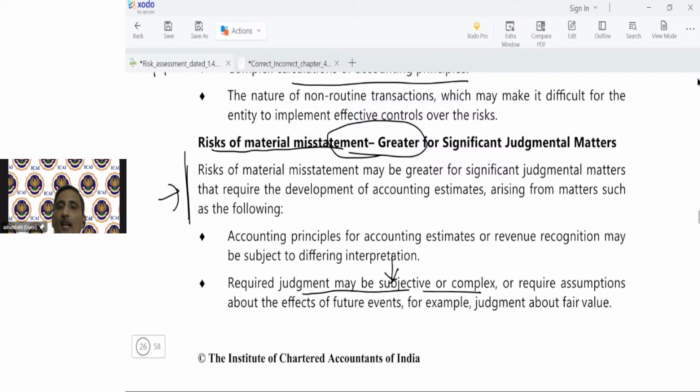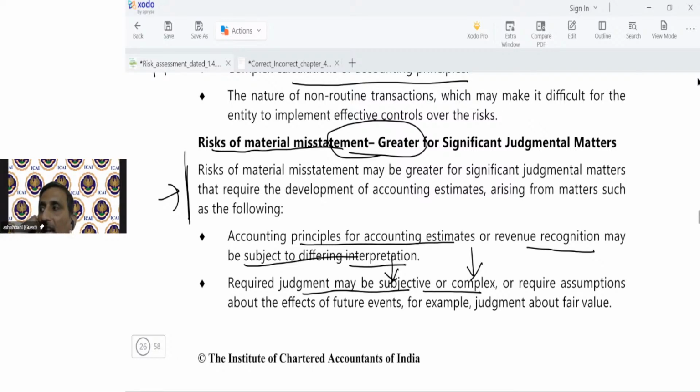Subjective decision has to be taken, complex transactions are there, or accounting principle for accounting estimates or revenue recognition may be subject to differing interpretation. Say some accounting standard or principle is subject to different interpretations by different users in a different way.